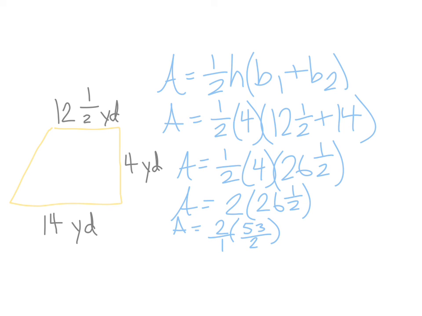And I'm going to put 2 over 1 so I can multiply straight across. 53 times 2 is 106. And 1 times 2 is 2. And that reduces to 53 because 2 goes into 10 5 times and 2 goes into 6 3 times. So my area is equal to 53 yards squared.